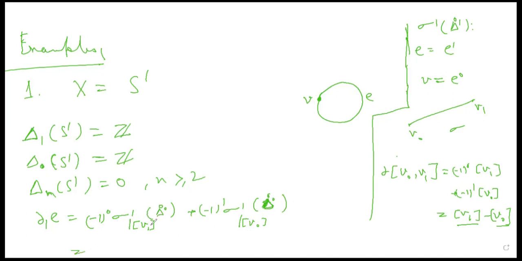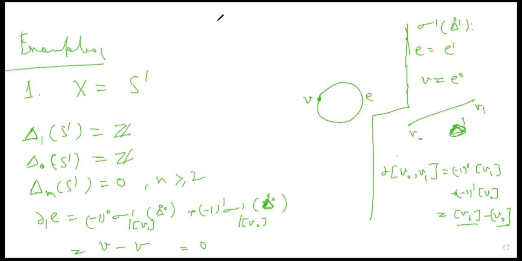When you restrict, if you consider the standard 1-simplex, then V naught and V1 both go to V, right? So if you restrict sigma 1 over just V1, you will get again this V, and here again V naught and V1 both go to V. So here this is minus V0.